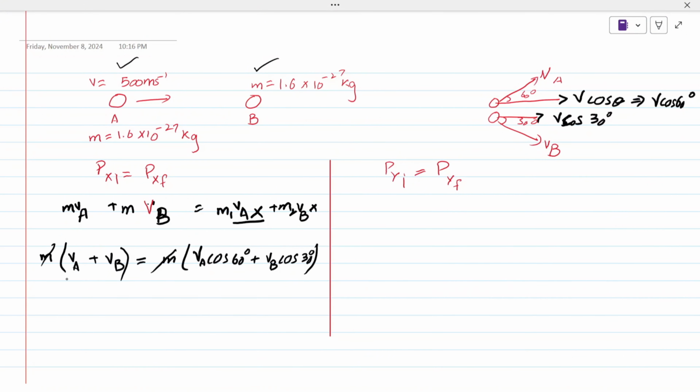We can cancel m from both sides. What is vB initially here? It is 0. So we can say that 500, because VA was 500, is equal to VA cos 60 plus VB cos 30. Okay, this is the first equation we are getting.